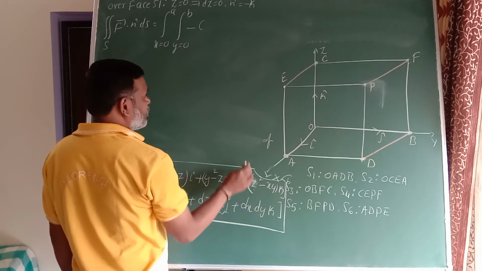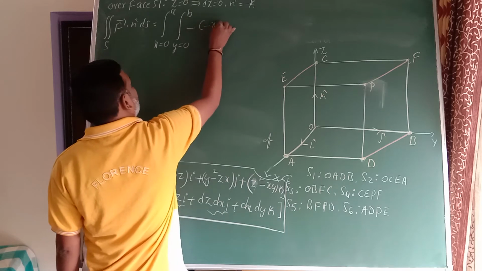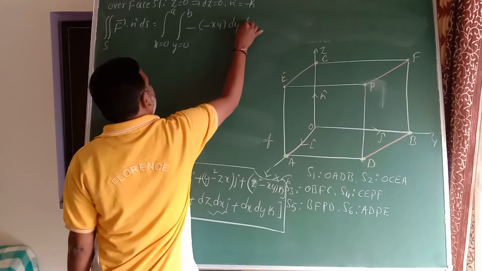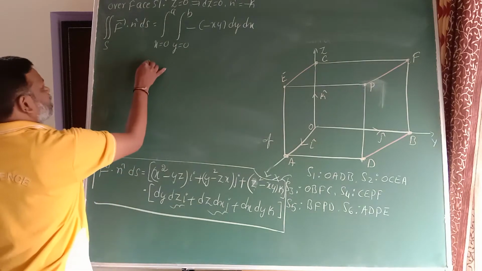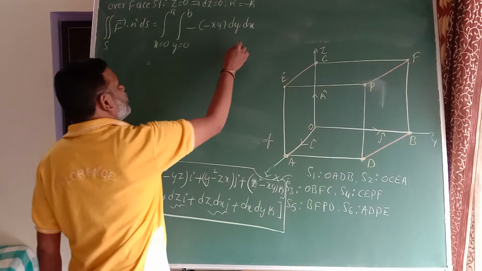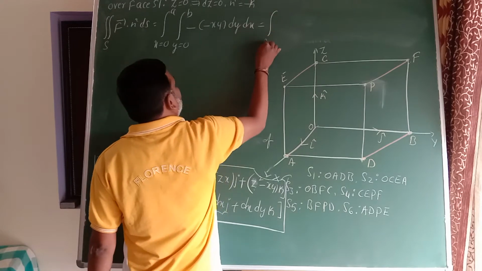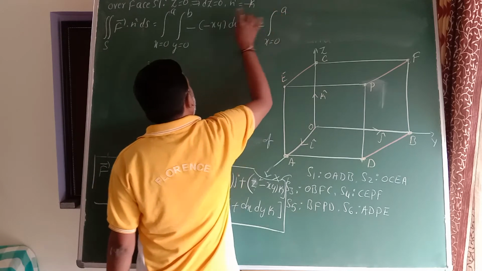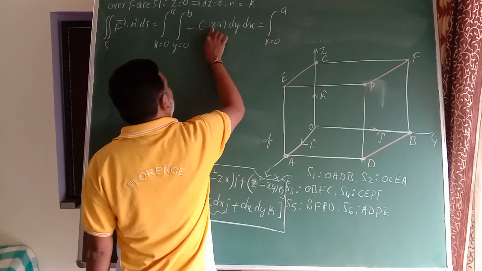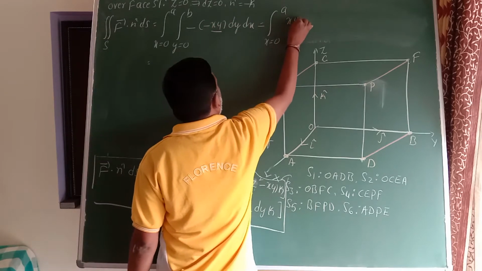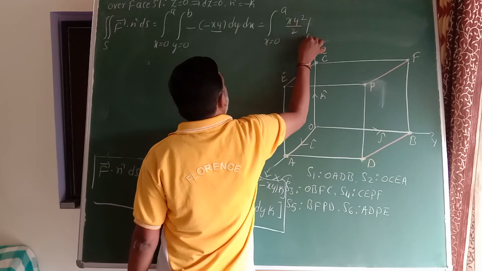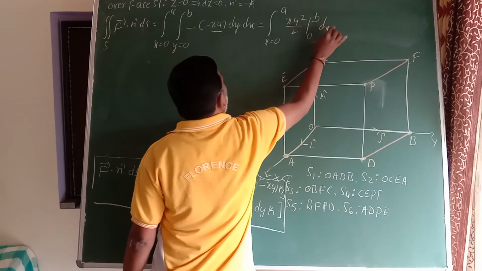Where z is equal to 0, the remaining thing is minus xy into dy into dx. So minus into minus becomes plus. Here x is from 0 to a. Minus into minus is plus, xy is remaining. X into the integration of y, which is y square by 2 from 0 to b, into dx is the remaining.